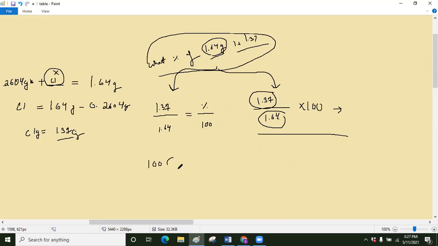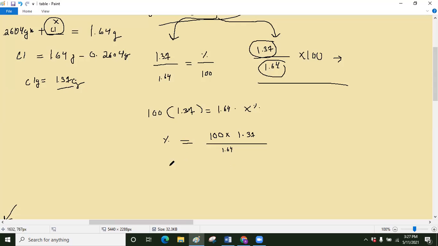Then you'd cross multiply and get 1.37 times 100 equals 1.64 times x percent, and you're solving for x percent, which is 1.37 over 1.64 times 100. Once you get through this entire application, you'd arrive yet again at 84.2.